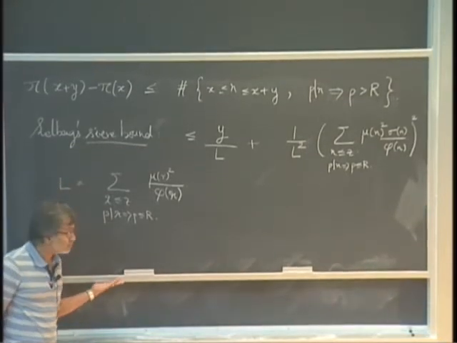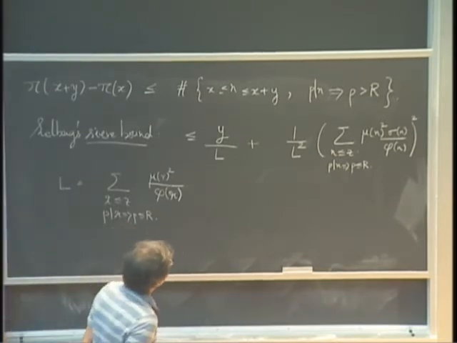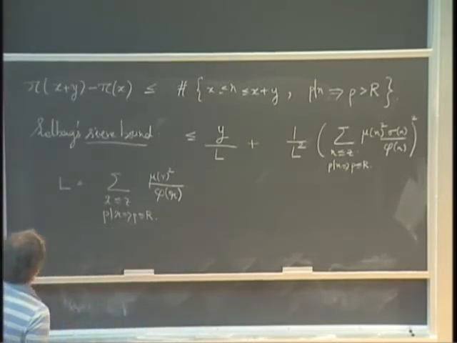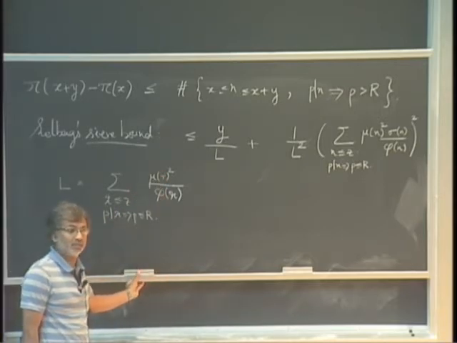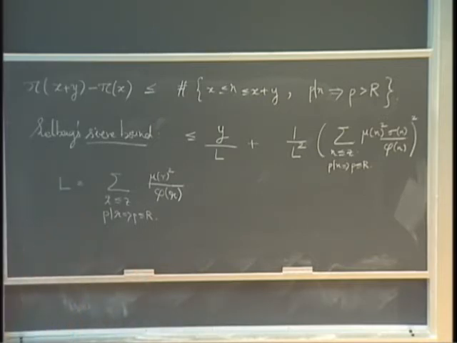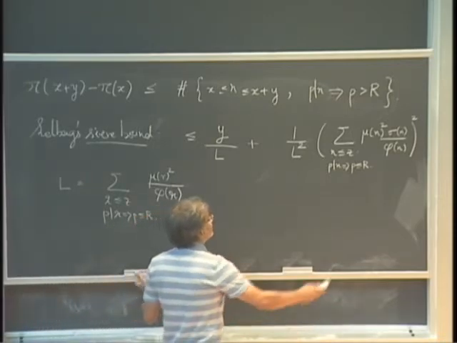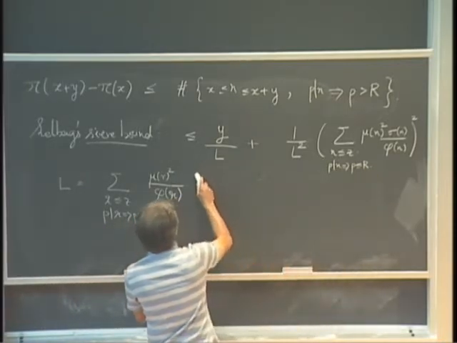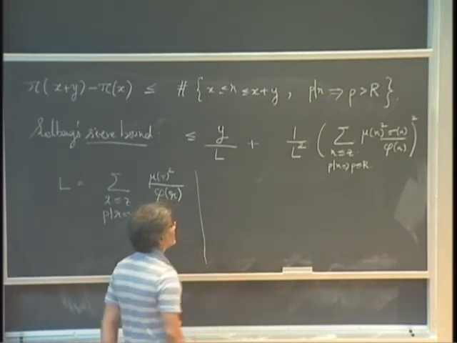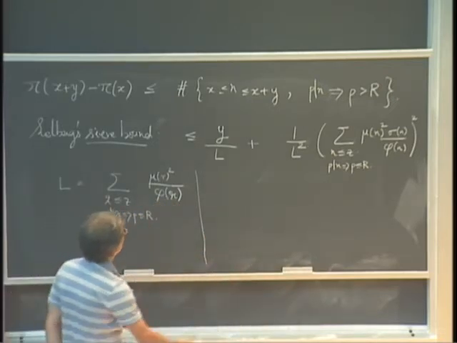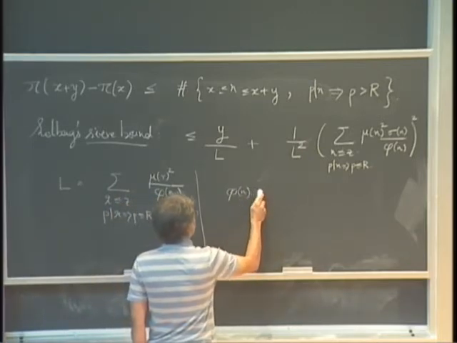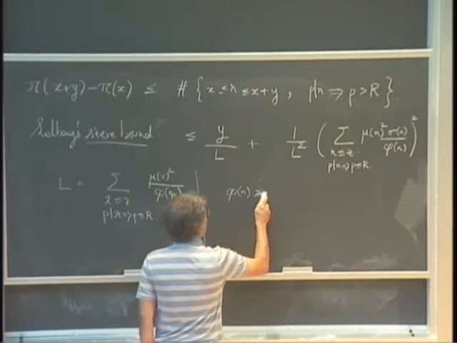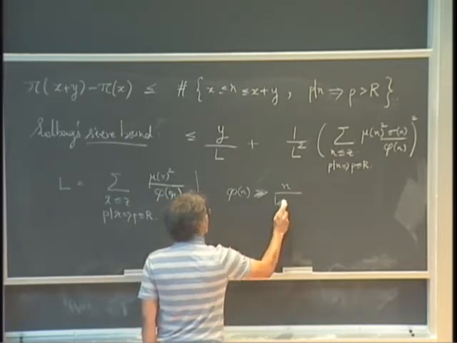Okay. So let's discuss a little bit what these quantities mean, what the size of L is, and what bound we've actually proved using all of this. Yesterday in one of the discussion sessions, you discussed things like phi of n is always larger than something like n over log n.